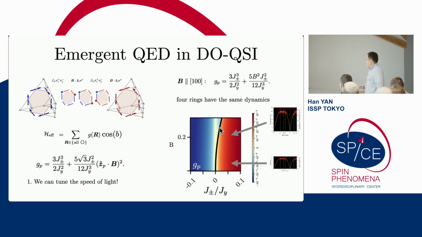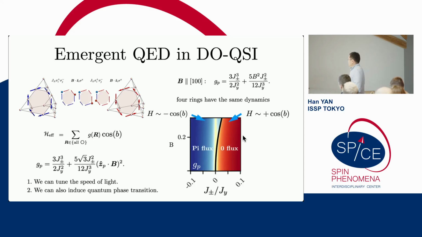Because this is essentially the photon dynamics, this is telling you that the emergent speed of light can be changed. More importantly, you actually have 2 different phases, 0 flux and pi flux, depending on the sign of cosine B. So now you are able to turn on the external field, actually, I should swap pi and 0, sorry.